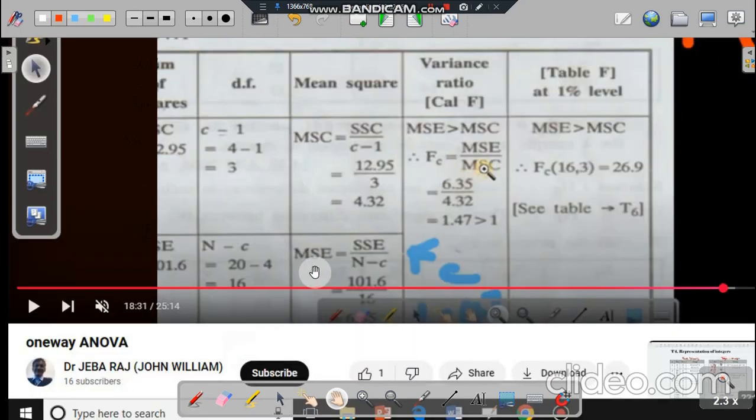So what is the formula? MSE means mean square error. That equals SSE divided by N minus C. SSE is 101.6, divided by 16. If you divide by 16, you will get 6.35.